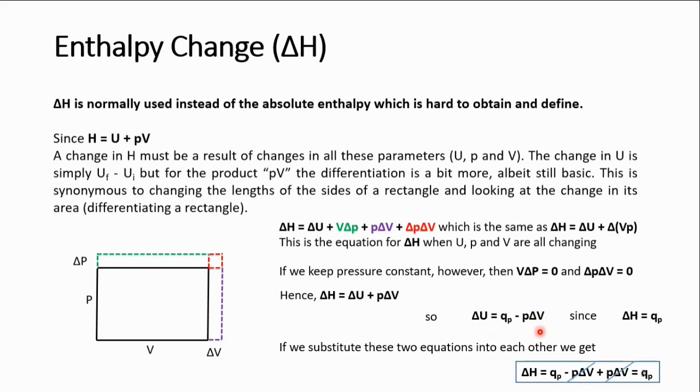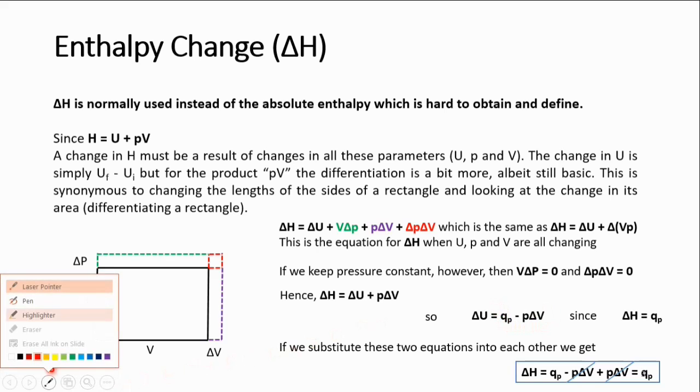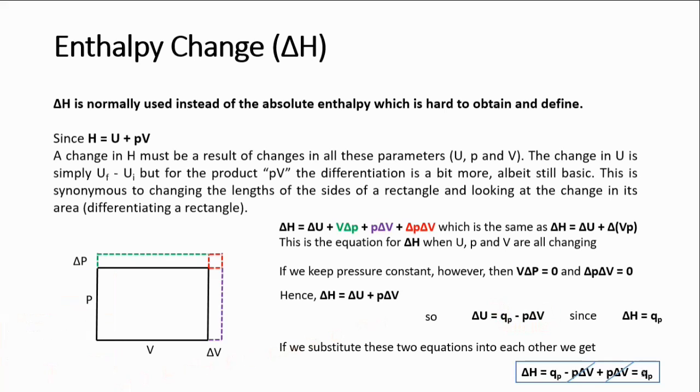Now, if we should do a substitution, if we should take up all of this part here, let's have a look, let's highlight it. If we take up this part and substitute it here, what you'll find is this one.